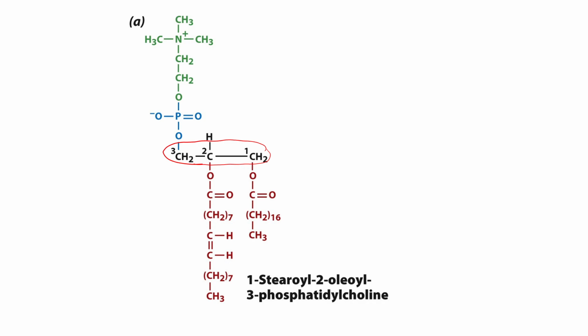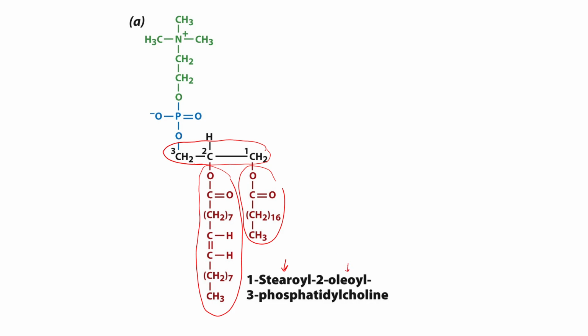So start with the glycerol. We have two fatty acid tails. Carbon number 1 of the glycerol has this fatty acid tail, which we know from our name here is sterol, right? Which is our 18 carbon saturated fatty acid tail. Our second carbon in the glycerol is linked to an oleic acid, or what is written here as oleol.